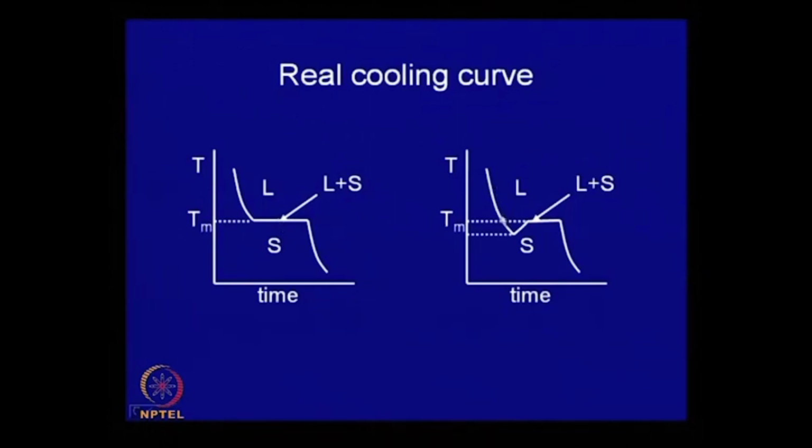So, this is shown over here, and once the solidification begins, the latent heat will raise the temperature back to the freezing point or melting temperature, and here both liquid and solid will coexist until the entire amount of liquid is transformed into solid, and thereafter it will follow the normal Newton's law of cooling.